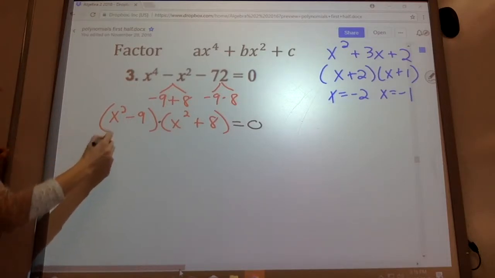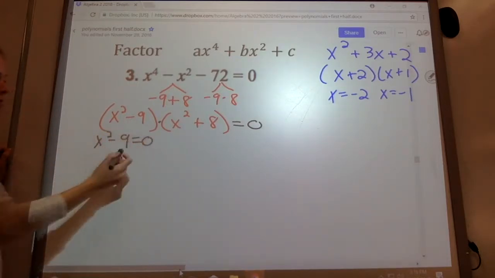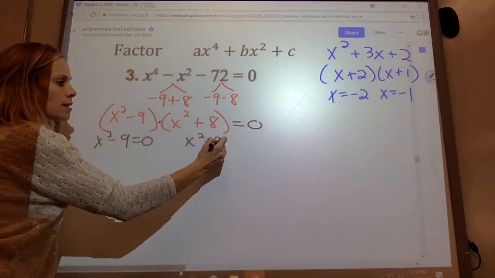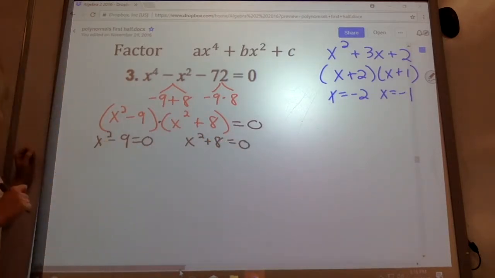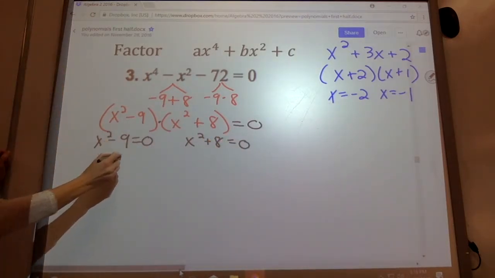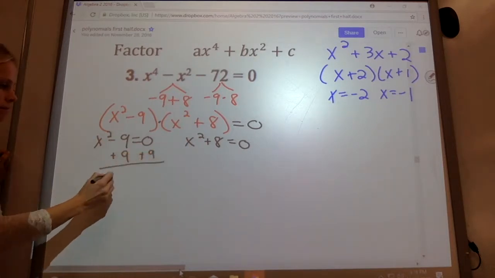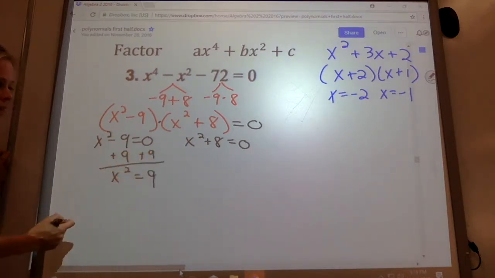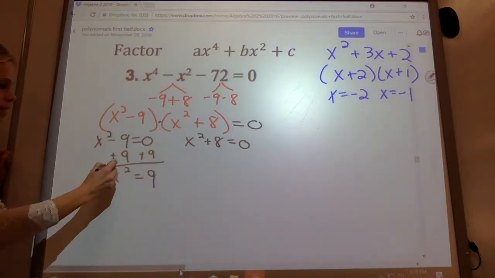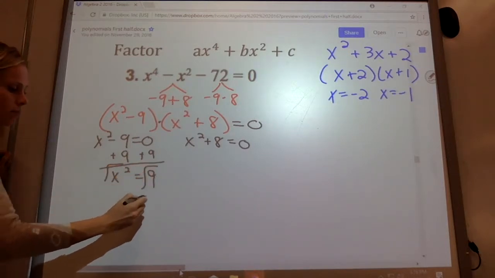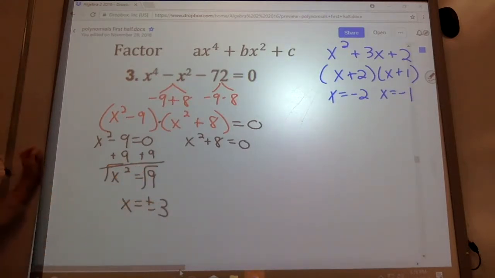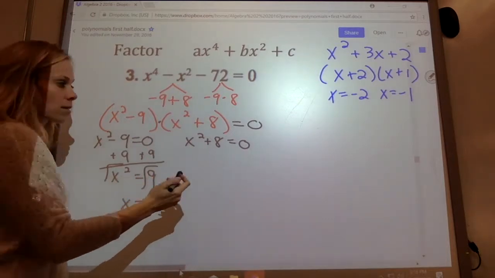So set x squared minus 9 equal to 0. Take x squared plus 8 and set it equal to 0 and use my algebra to solve. So I would add 9 and then square root both sides. So I get plus or minus 3. There's 2 roots, but I need 2 more.